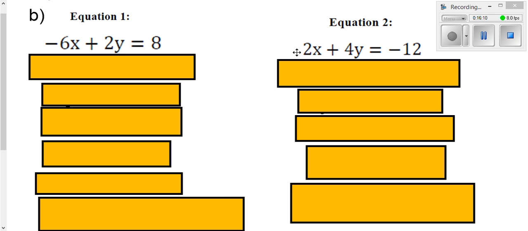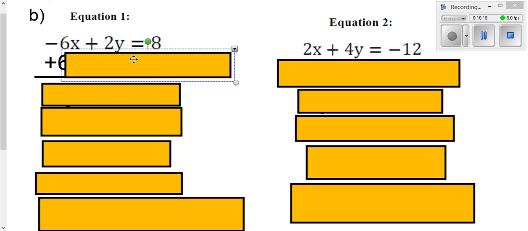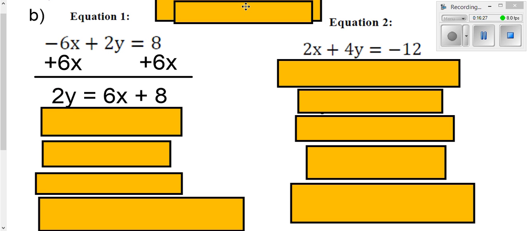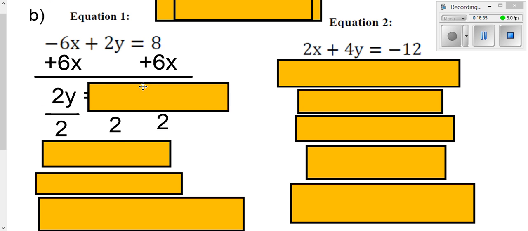So neither of these equations are in slope-intercept form, so we're going to have to solve them both for y. Get rid of the x term first with plus 6x. So that goes away. We'll be left with a positive 2y on that side. Equals, on this side we got the 6x and the plus 8. We'll divide by 2 now to get y by itself.